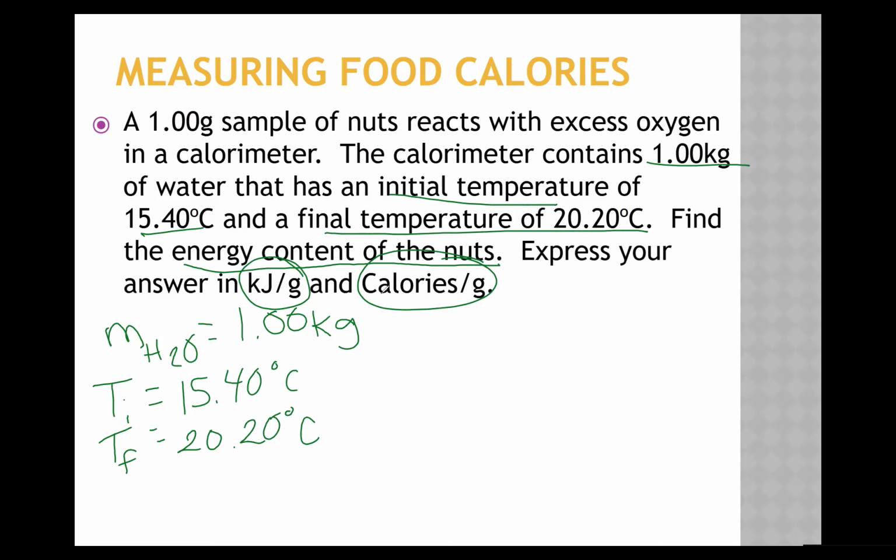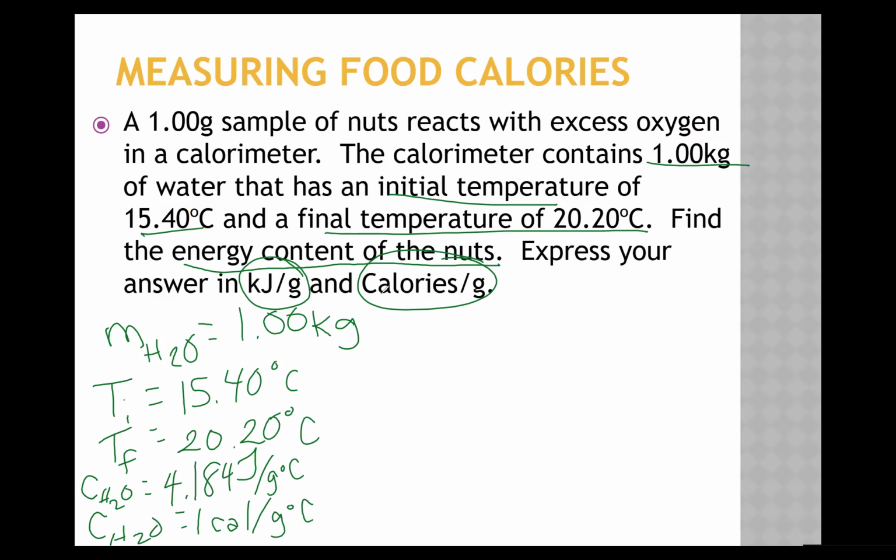We know that the specific heat of water is 4.184 joules per gram degree Celsius. And we know that the specific heat of water is 1 calorie per gram degree Celsius.